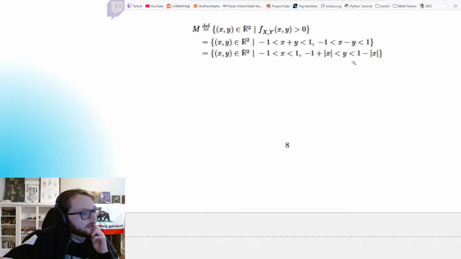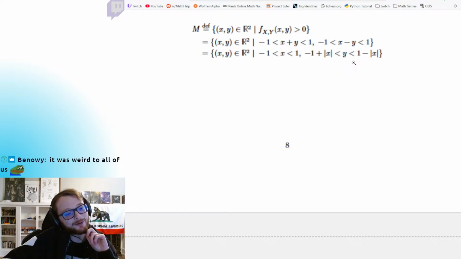When I was working on it in my head, I didn't think we would need absolute values to be involved. I feel like it'd be easier to just restrict the area to be in the first quadrant and then multiply by 4.